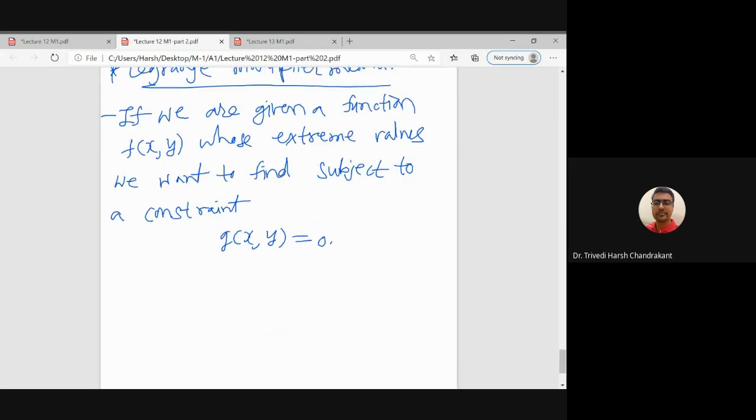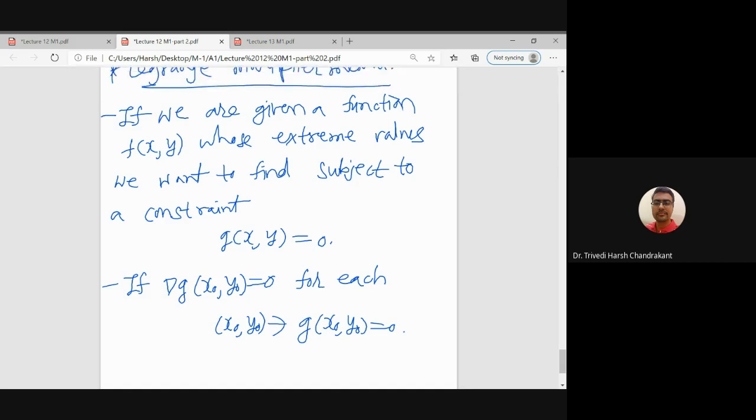So the condition to apply the Lagrange multiplier method: for this type of problem, we have f(x, y) and we want to find the maximum value subject to the condition g(x, y) equals 0. For this we need the gradient of the function g to be non-zero at each point (x0, y0) which satisfies this equation.